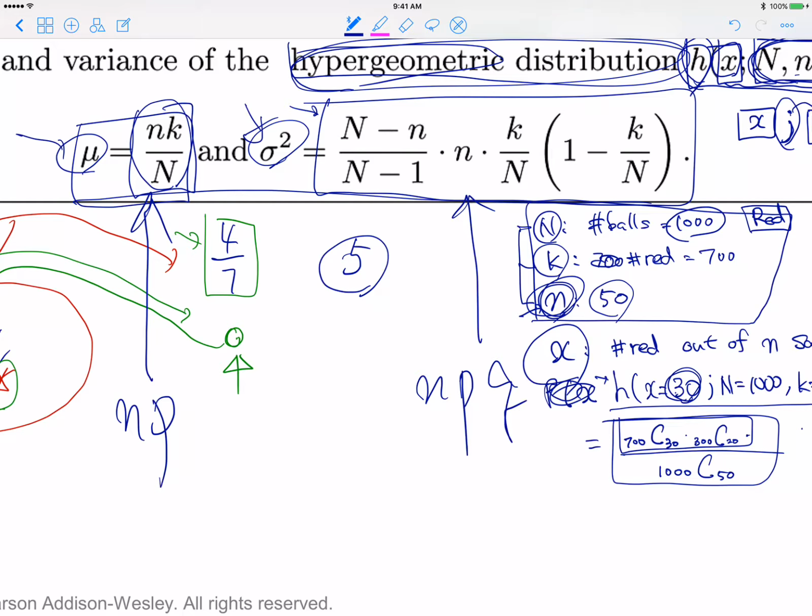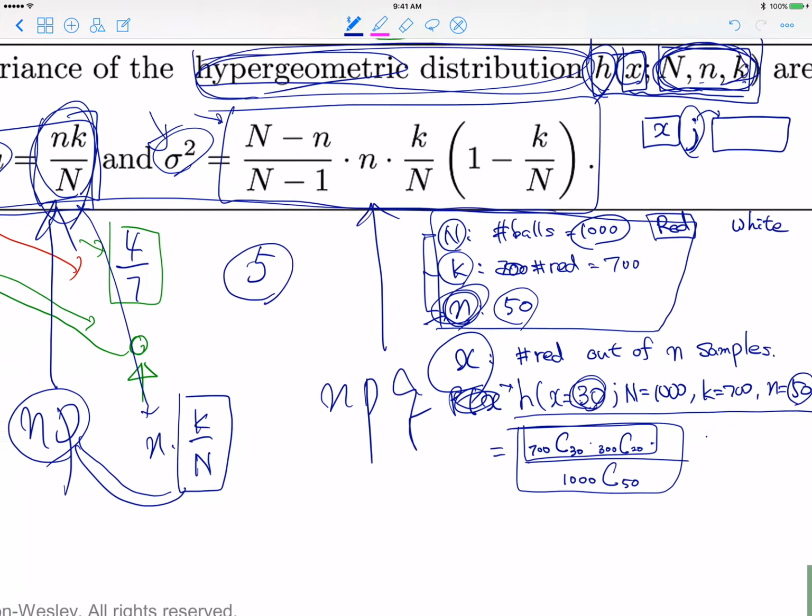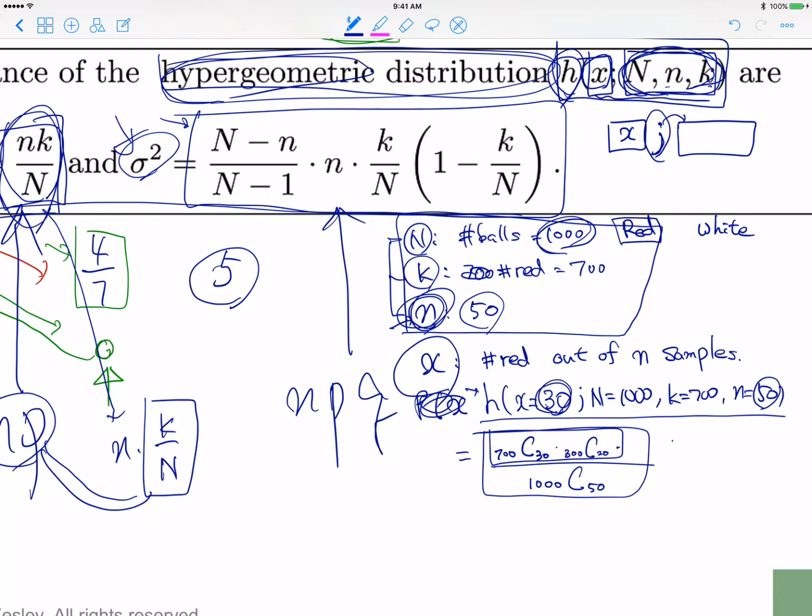In the case of a binomial distribution, we learned the mean is n times p. If we compare it with that, here it is represented as n times large K over large N. So K over N can be viewed as approximately p, because we have 1,000 balls in total here, and K is 700, the total number of red balls.